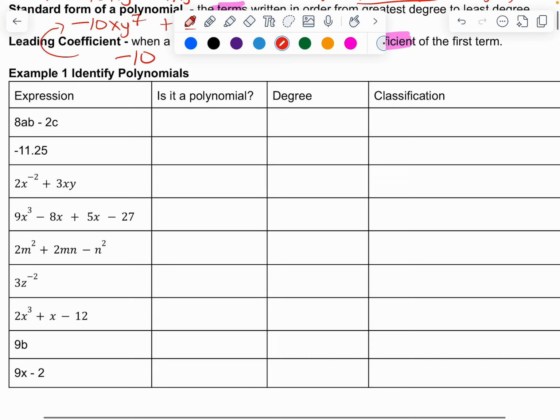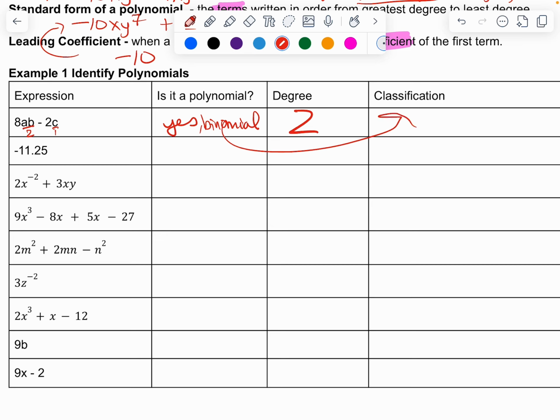So I come here. Is it a polynomial? Yes, it is. Oh, I should say this is a binomial. What degree is it? This term's degree is 2, this degree is 1, so the degree is 2. Oh, classification, that's what goes there.